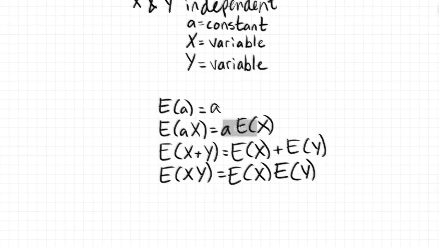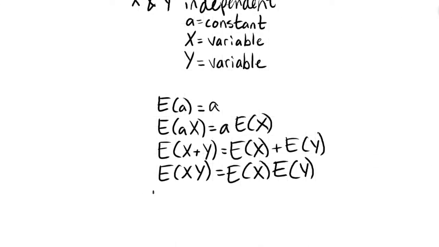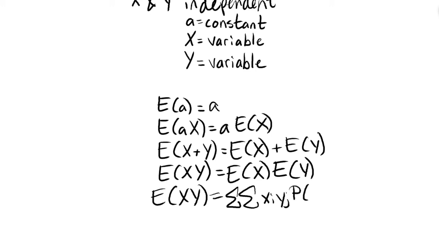So, we're gonna get that the expected value of x times y is equal to a double sum, meaning just all the different possible combinations. And we have our xi and our yj. We just need different notations just to make sure we get every single possibility. Times the probability for xi and yj. So what is the probability that we get that combination? And then we just calculate that.